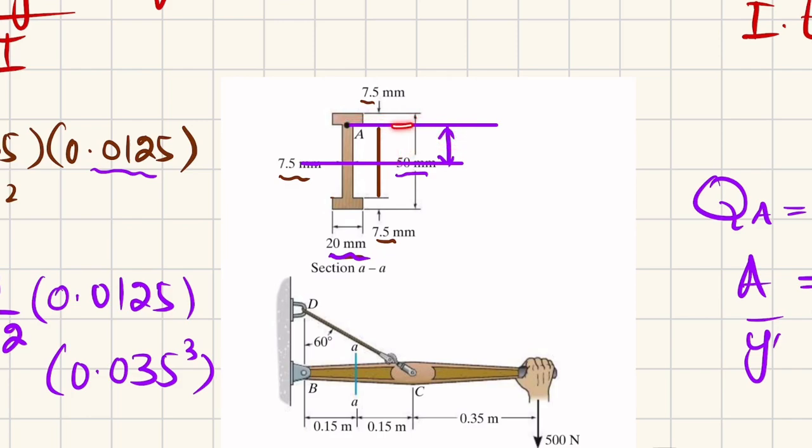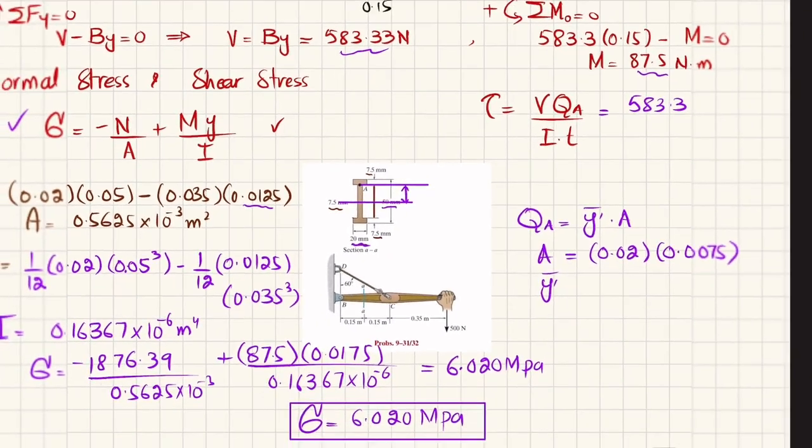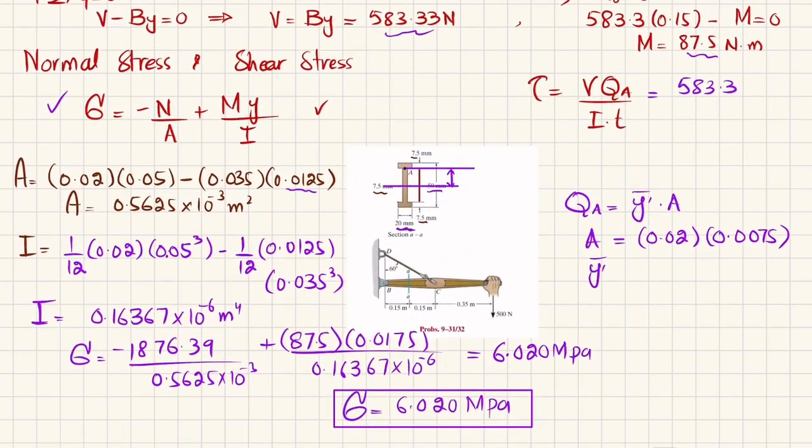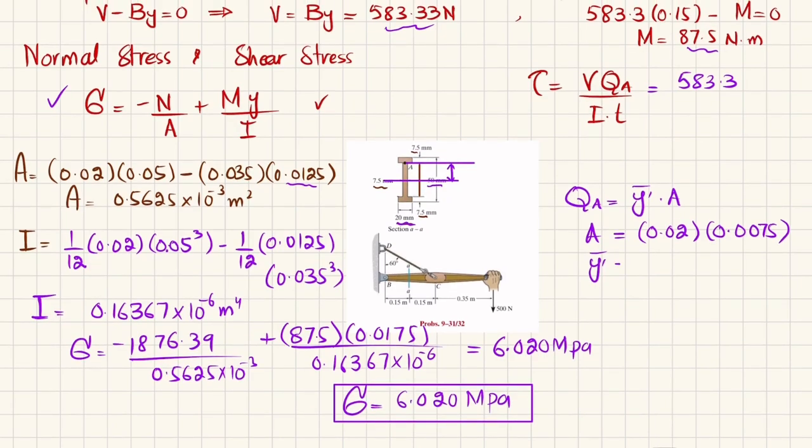Why? Because this distance was 35, so this distance is 17.5 millimeter, and when you add half of 7.5, it will give you 21.25 millimeter. That will be equal to y dash bar. So let me write it here. So y dash is 21.25 millimeter or 0.02125 meter.